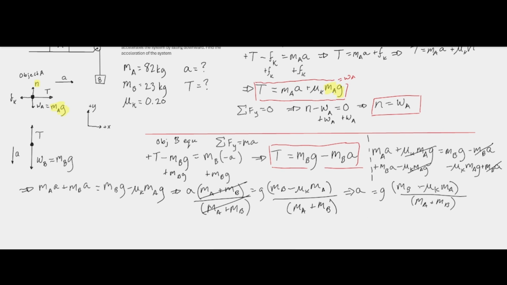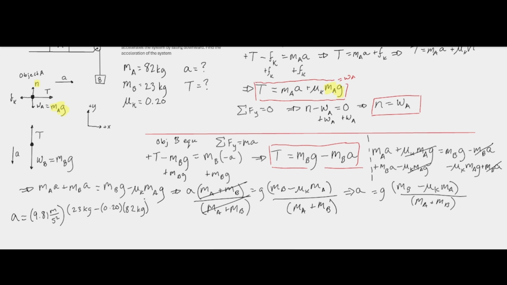So the acceleration of the system is equal to little g, which is 9.81 meters per second squared, multiplied by the mass of B, which is 23 kilograms, minus the coefficient of kinetic friction, 0.20, multiplied by the mass of A, which is 82 kilograms.